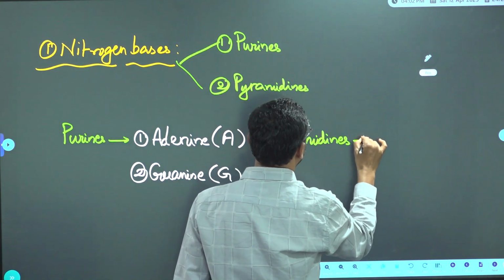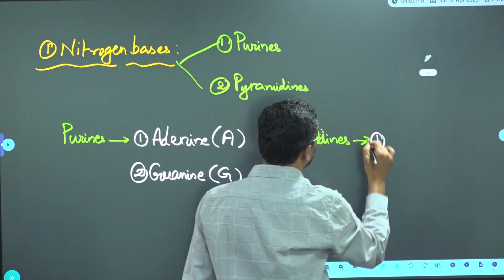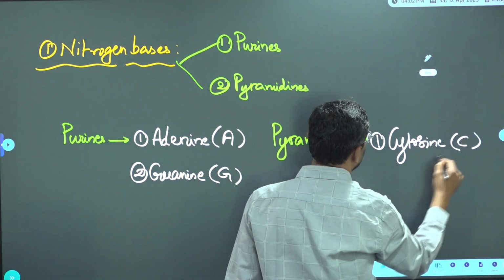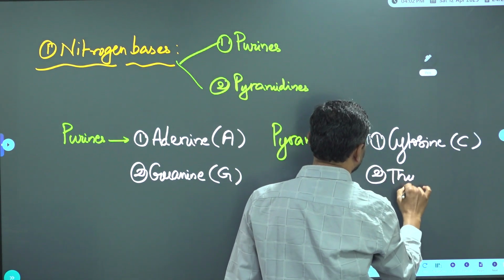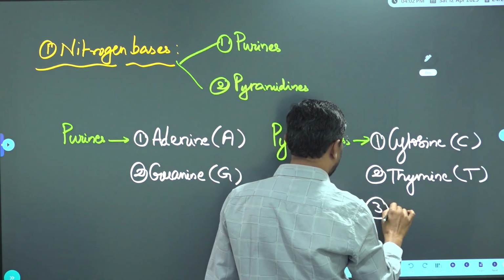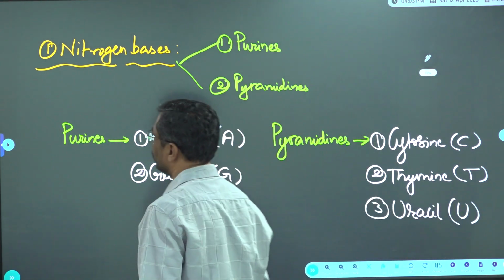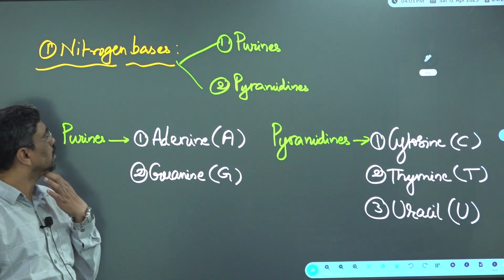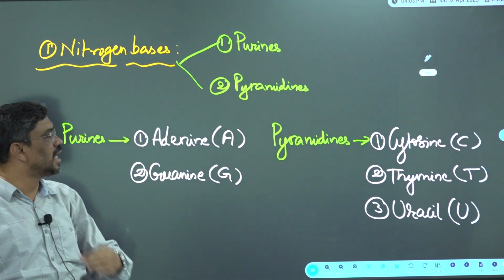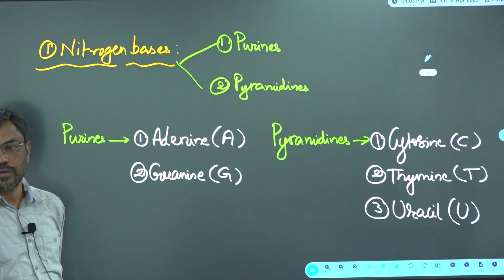They are cytosine, represented by capital C, thymine, represented by capital T, and uracil, represented by capital U. So nitrogen bases are purines and pyrimidines. Purines are adenine and guanine. Pyrimidines are cytosine, thymine and uracil.